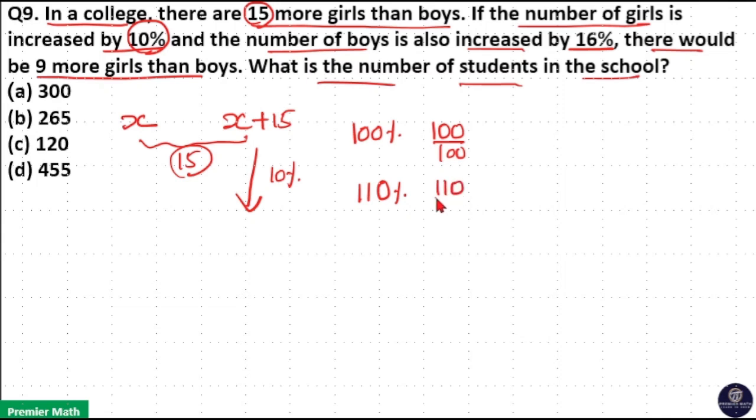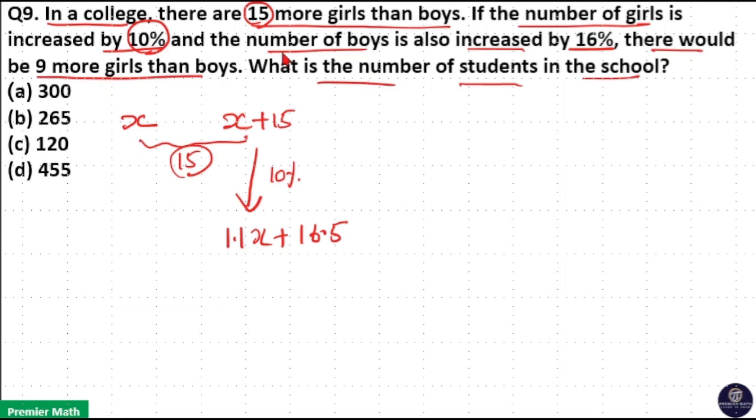That means 110 by 100, which is 1.1. So write it 1.1 times x plus 15. So 1.1 into x plus 15 is 1.1x plus 1.1 into 15. 15 into 11 is 165, so 1.1 into 15 is 16.5.